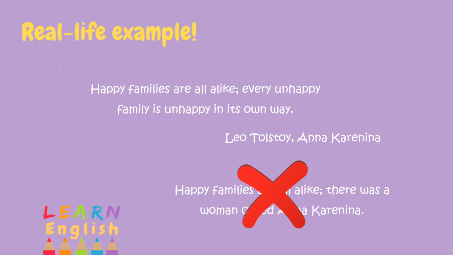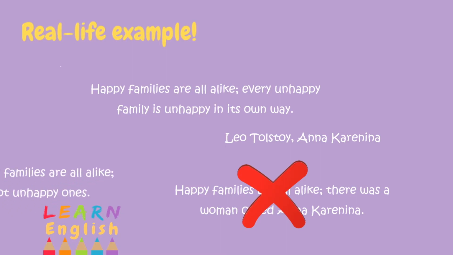Happy families are all alike, full stop. There was a woman called Anna. But the ideas are not linked. They have nothing to do with each other. If we used our trick of checking whether we could have put a connective between these 2, we would have got stuck because they are completely different ideas and don't link together at all. That would tell us that we couldn't put a semicolon here.